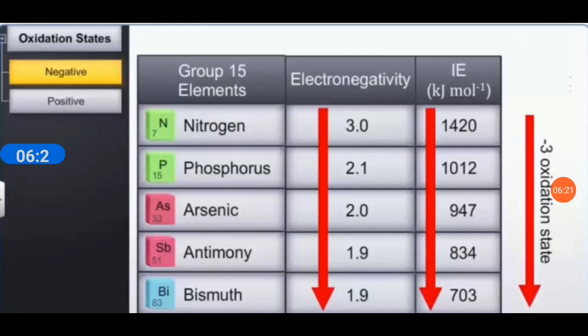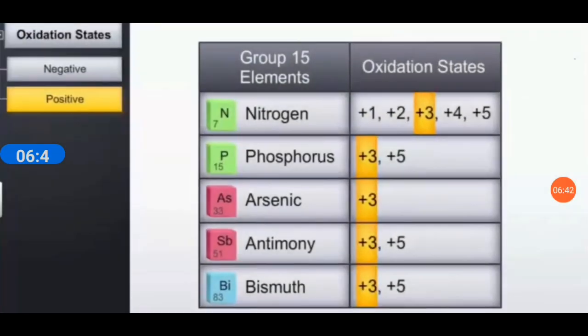The oxidation state of -3 has decreased tendency down the group due to decrease in electronegativity down the group. Nitrogen being most electronegative shows maximum tendency to show -3 oxidation state. Then positive oxidation state, +3 being common in all.